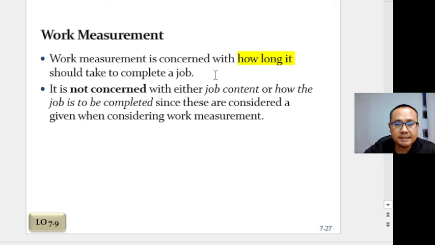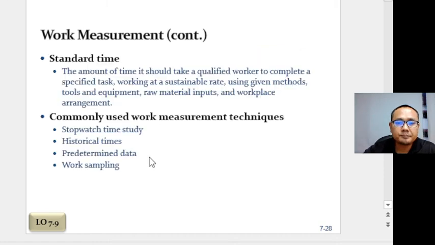So work measurement is concerned with how long it should take to complete a job. It is not concerned with either job content or how the job is to be completed, since these are considered a given when considering work measurement.